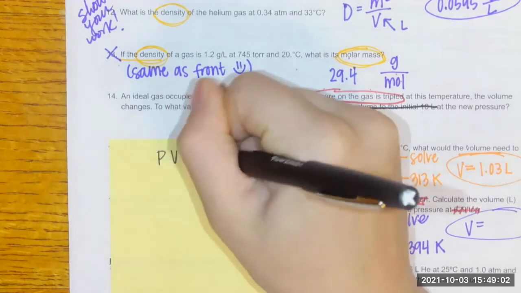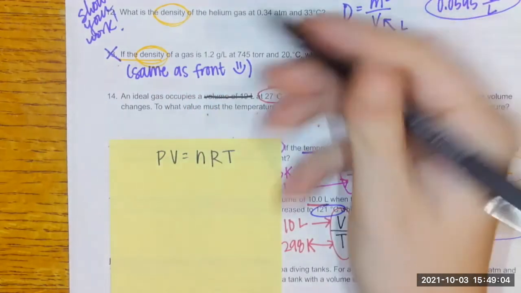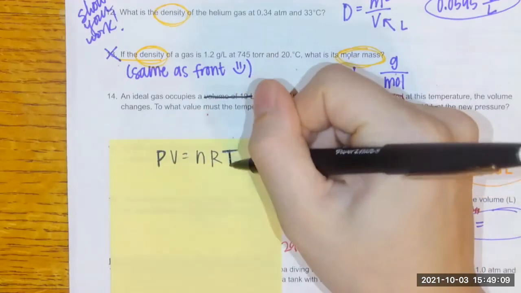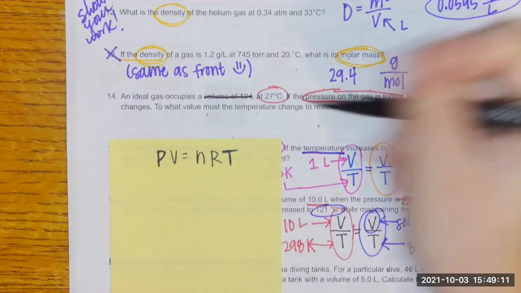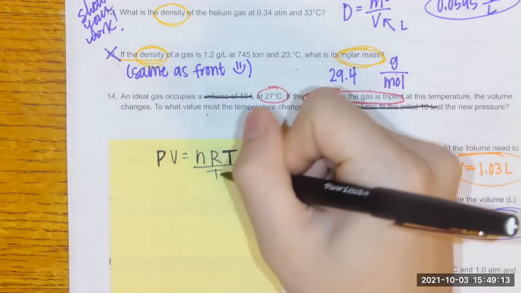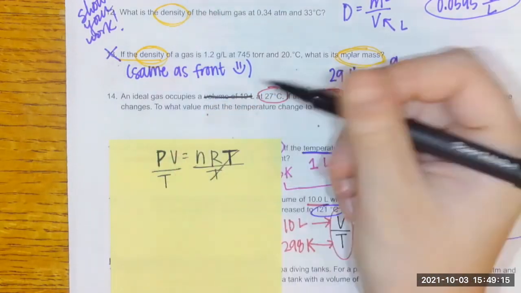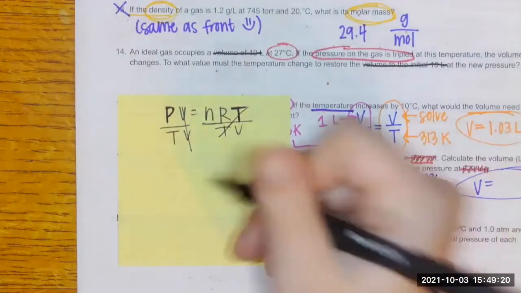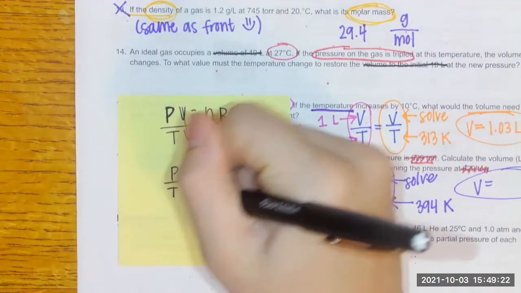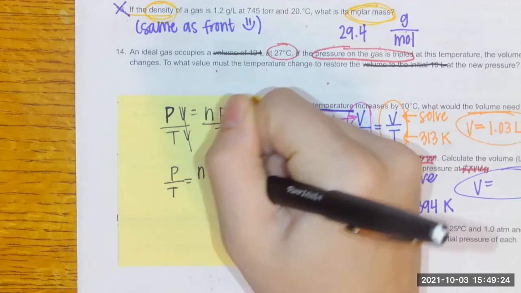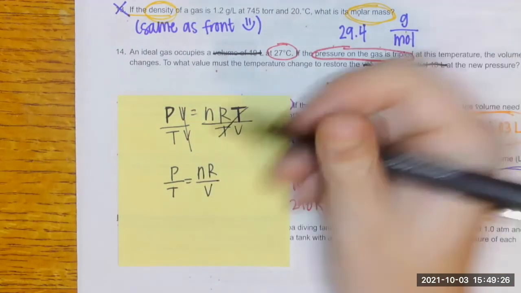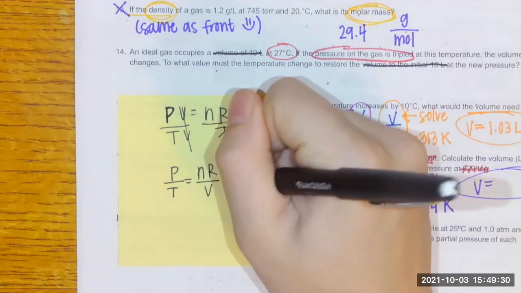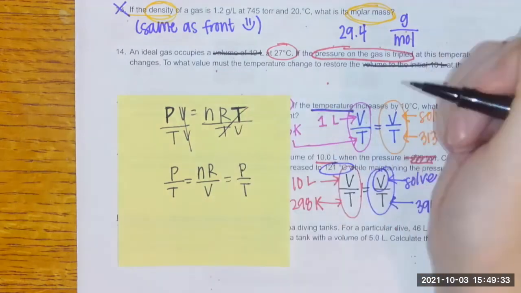PV equals nRT. I need to get P and T on the same side. I'm going to divide both sides by T. I'm going to divide both sides by V. And I'll end up with P over T equals nR over V. If P over T equals nR over V, then nR over V equals P over T.